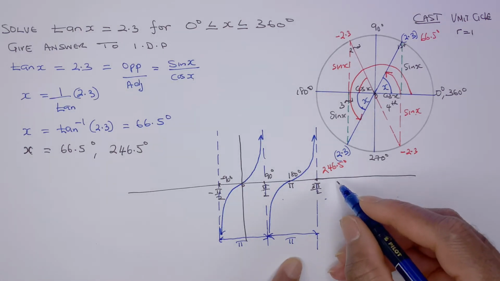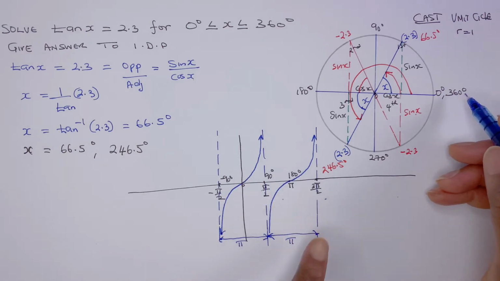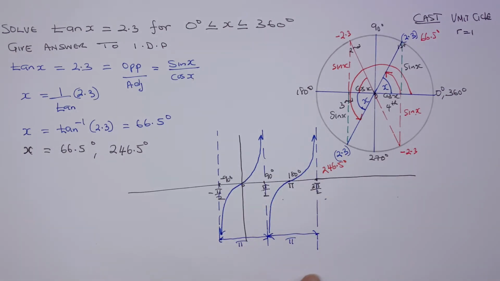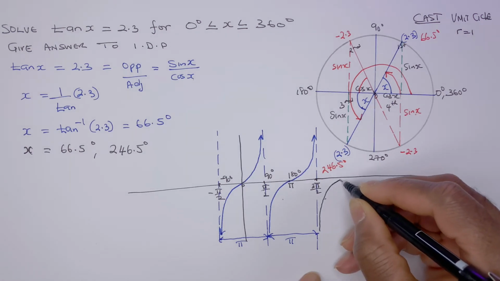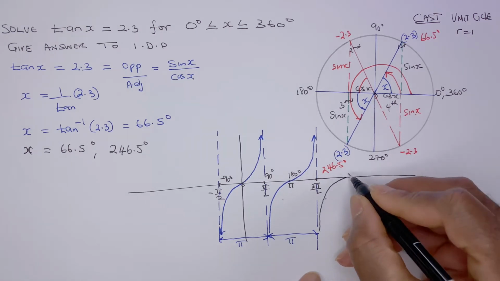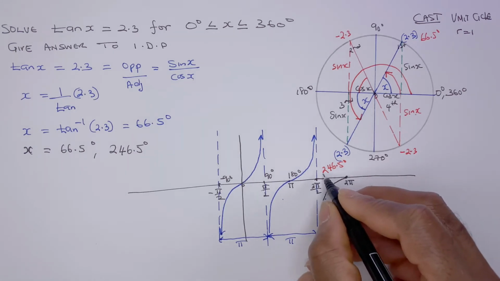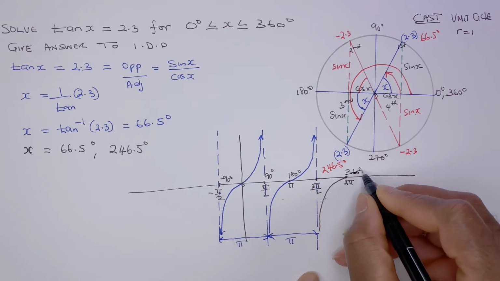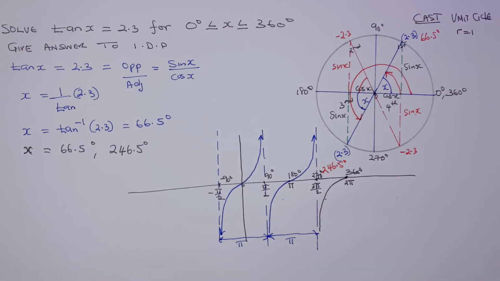And then the next one hasn't finished because we have to go to 360 degrees, 0 to 360. But the next one will start from here, negative infinity, all the way to that. And that will be at 2 pi, and that's 360 degrees. This is 270 degrees, and that's the diagram. So that's the diagram we're looking for.